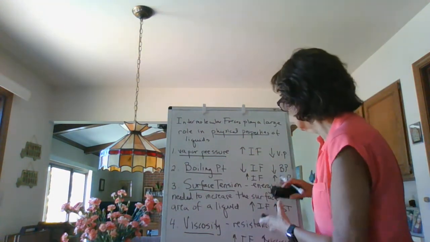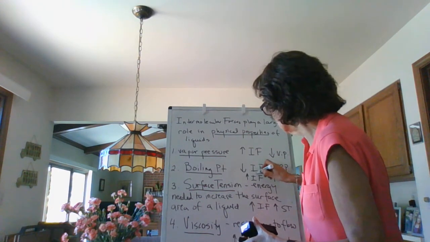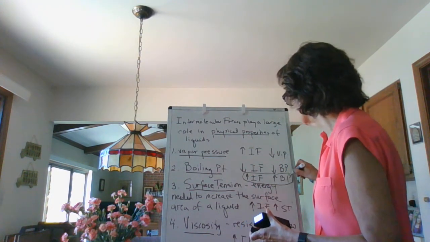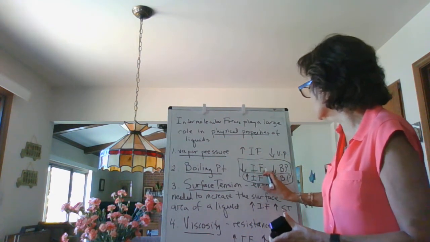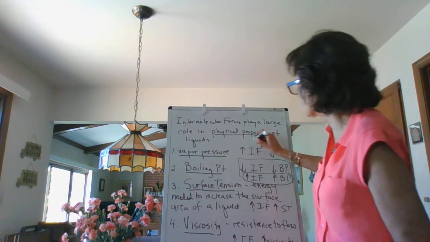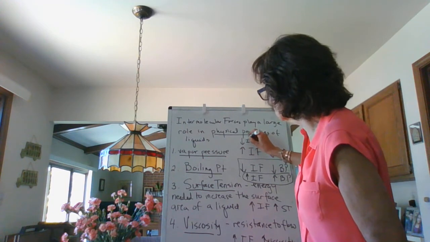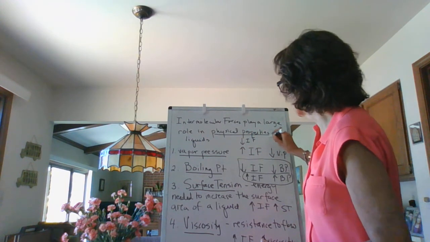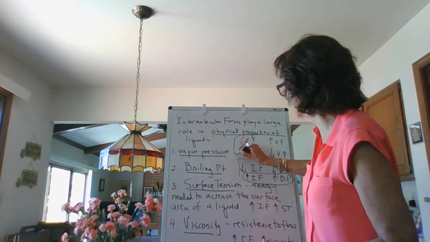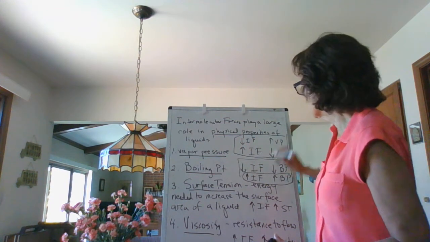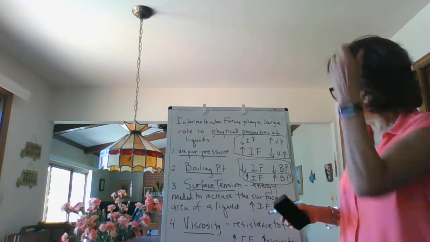Okay, these are the intermolecular forces relating to boiling point. This one over here, if you have low intermolecular forces, you're going to have a high vapor pressure. Okay, so these are the two vapor pressure things, and these are the two boiling point.